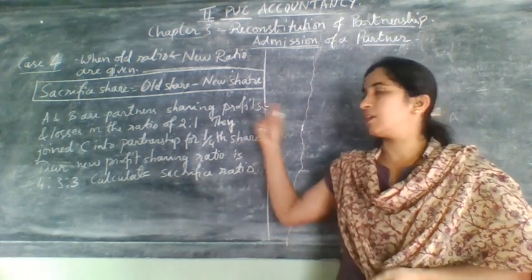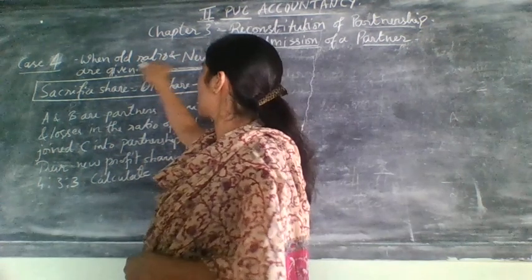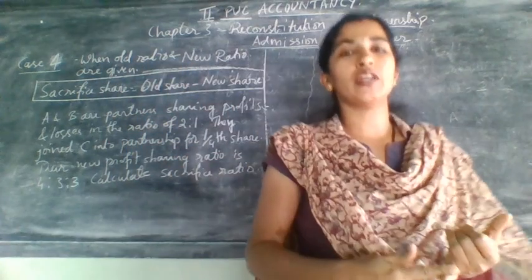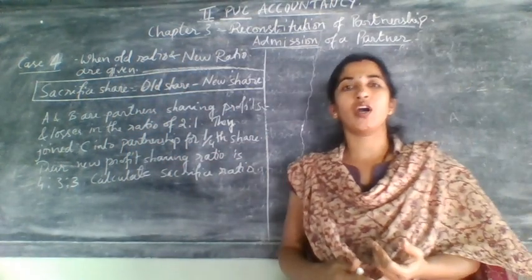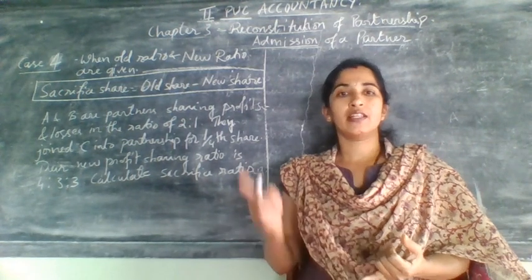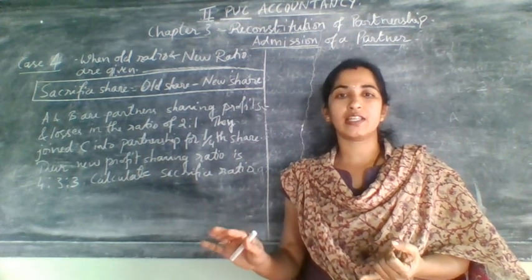So the fourth case says that when old ratio and new ratio are given in the problem. First case, they have given the old ratio and new partner share and nothing else is given in the problem.